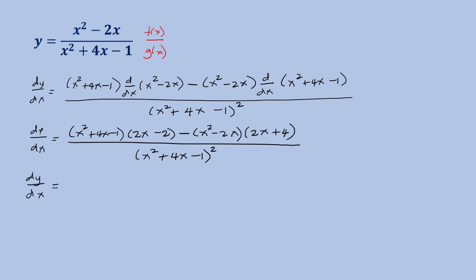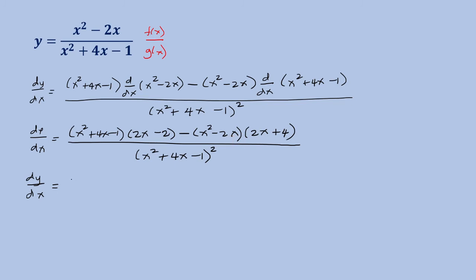So to continue, we're going to multiply x squared plus 4x minus 1 by 2x minus 2. And then here, we need to multiply x squared minus 2x by 2x plus 4. And do not forget to multiply negative 1 to the product.